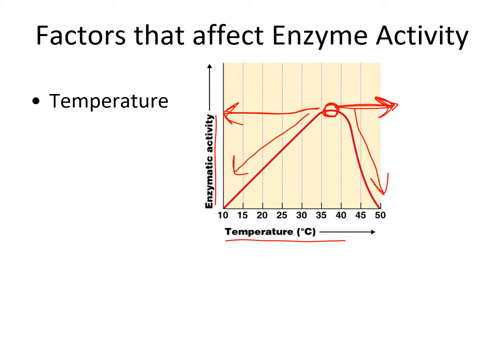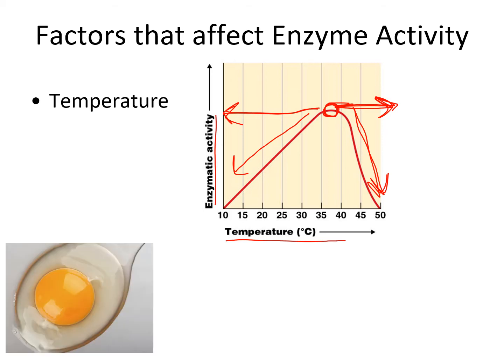If you warm up the temperature just a little bit and then go back to the optimal temperature, the protein can renature. It can go back to its three-dimensional shape. But if you heat it too high, then you'll get permanent denaturation and you cannot go back to that natural shape. And if you cook food, you know that this happens to protein that you cook. For example, an egg. The whites of an egg, or egg whites, are composed of a protein called albumin.